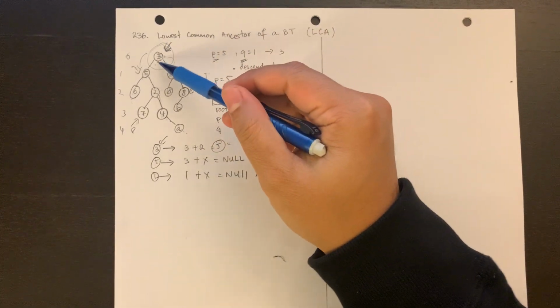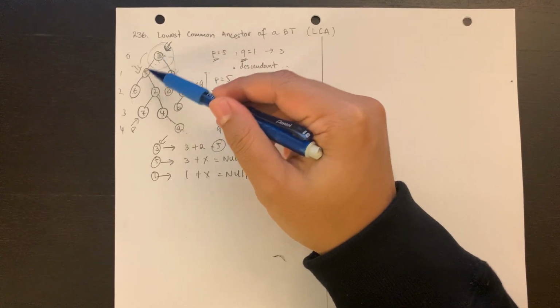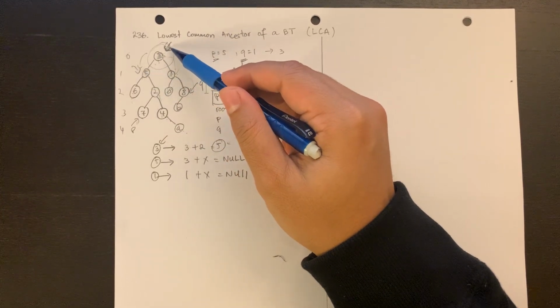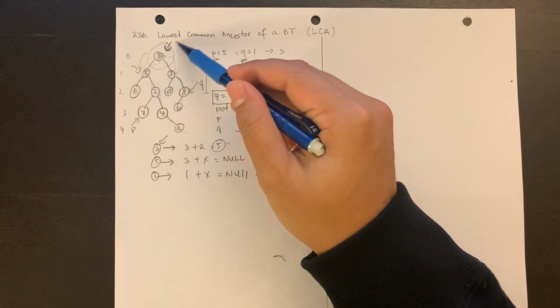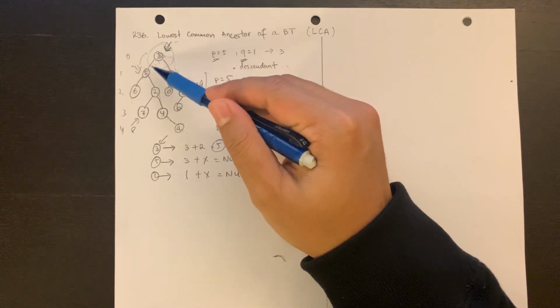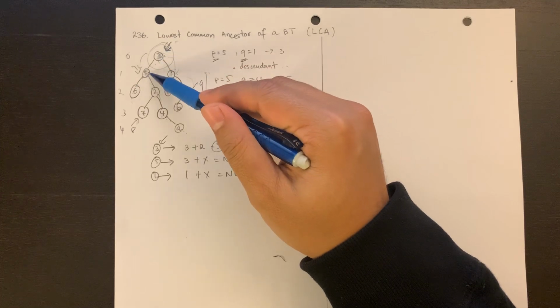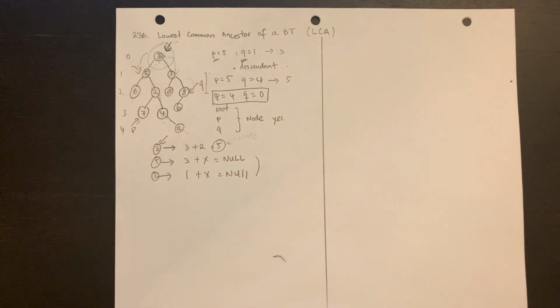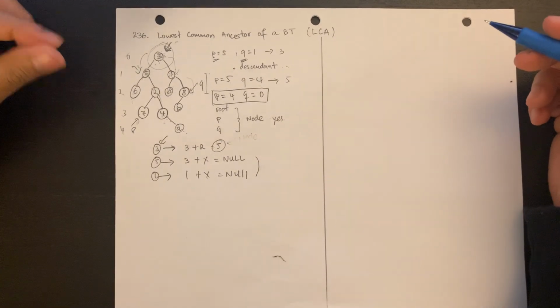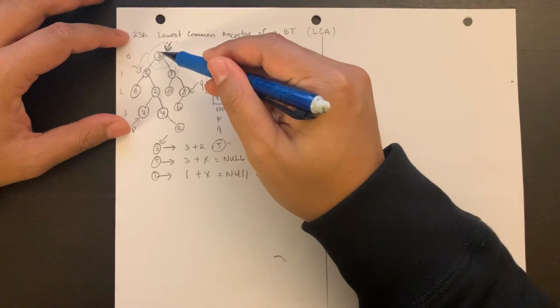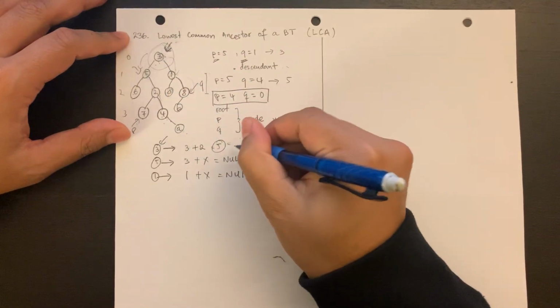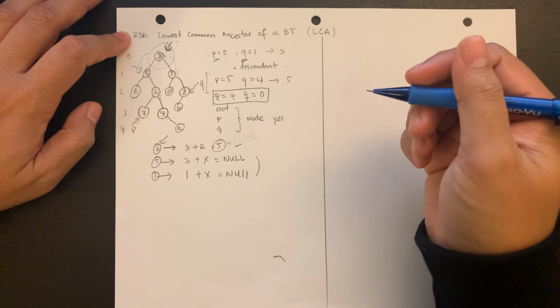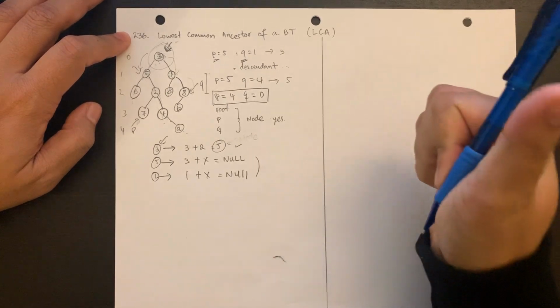So we traverse through the tree. In the case that we found the result, that's good.